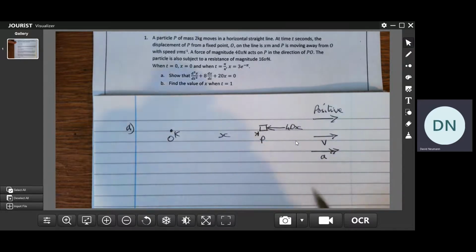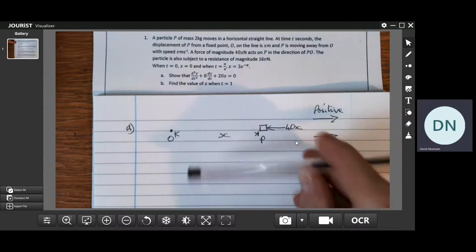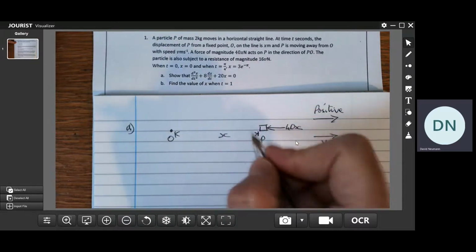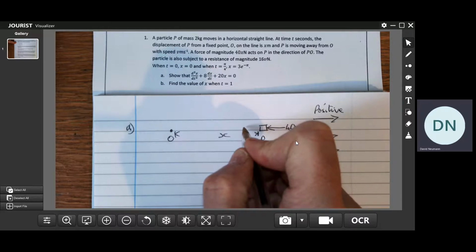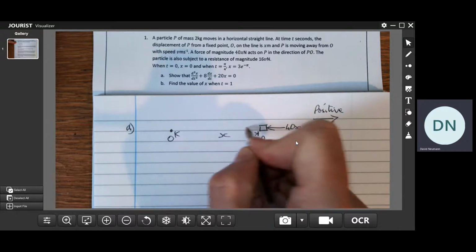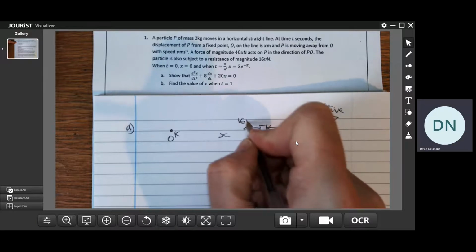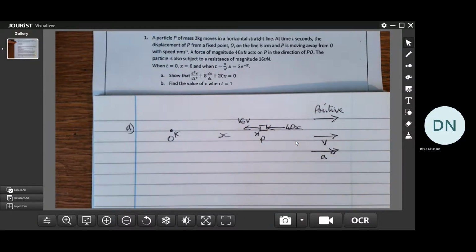Our resistance, so if our velocity is this direction, then a resistance is going to be acting the other direction. So we've got 16v acting this direction as well. I think that's everything we need on our diagram.